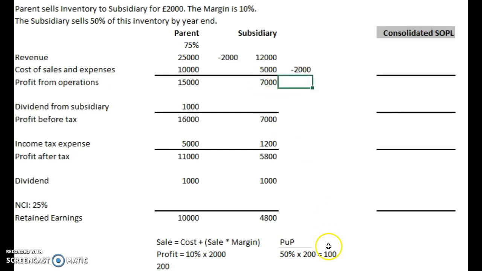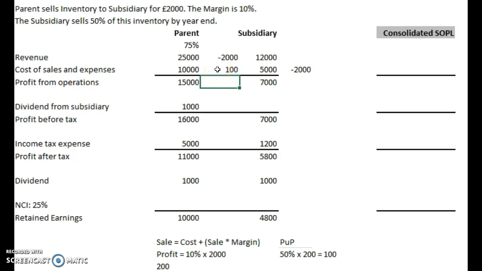And what do we do with this unrealized profit, this £100? Well, we can add that back to the cost of sales of the selling entity. And if we add to the cost, it reduces our overall profit. So we'll add £100 there.